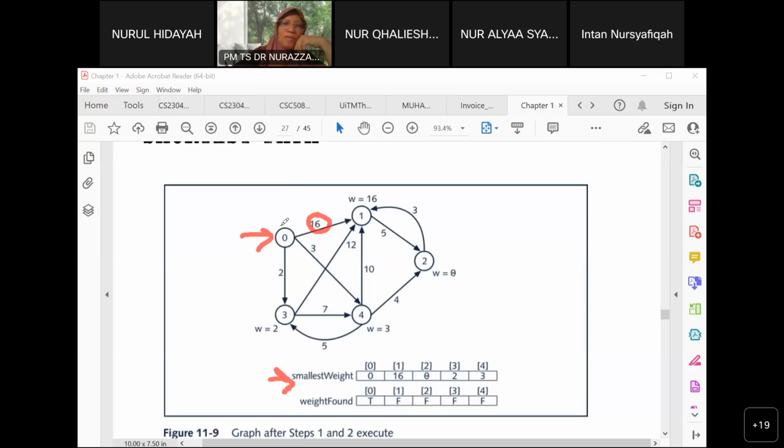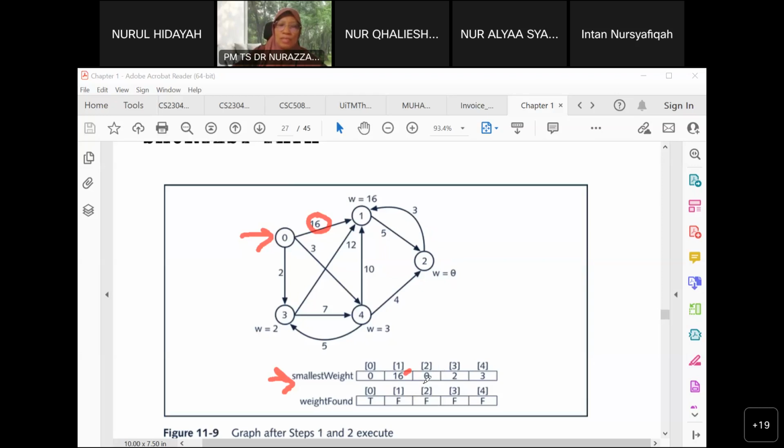Sekarang from 0 ni dia ada 3 edges that connect 0 1, 0 4 dengan 0 3 kan. So from 0 to 1, kita letakkanlah dulu 16. 0 to 2 tak ada kan. There are no direct connection from 0 to 2, tak ada.